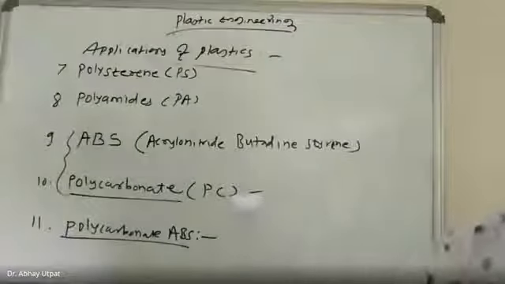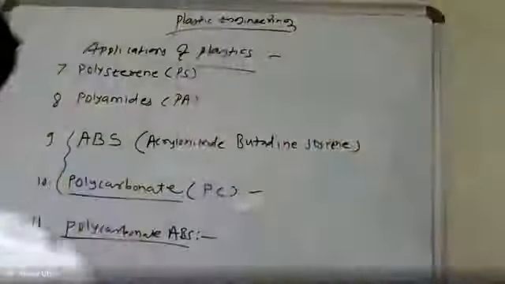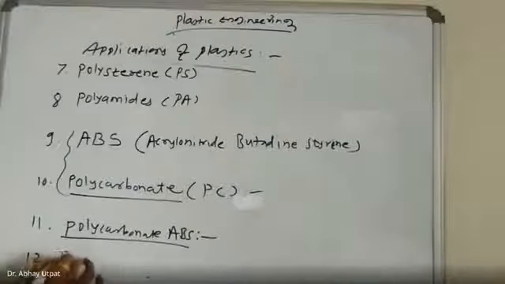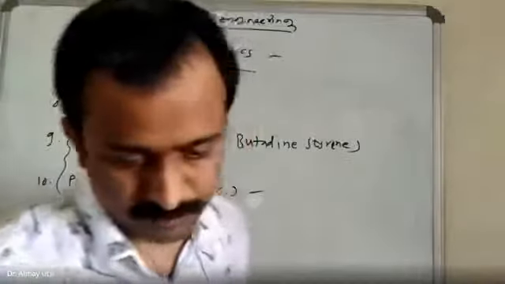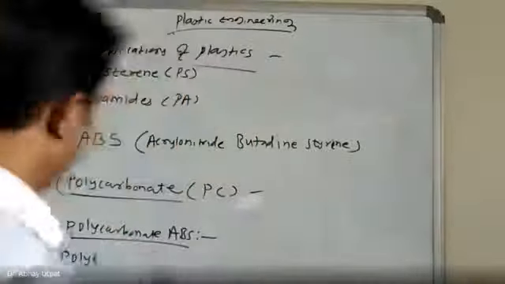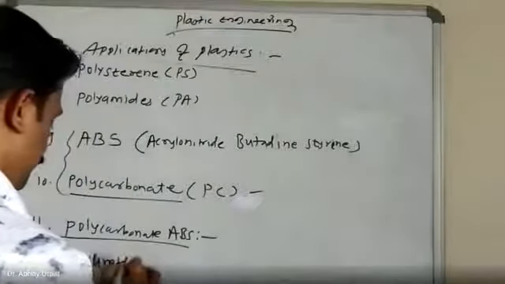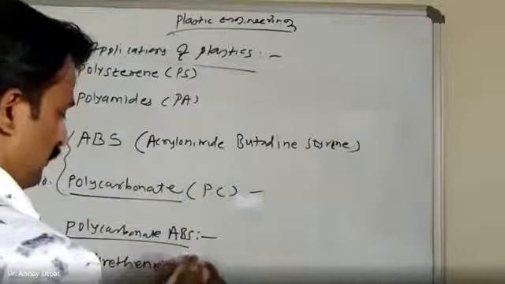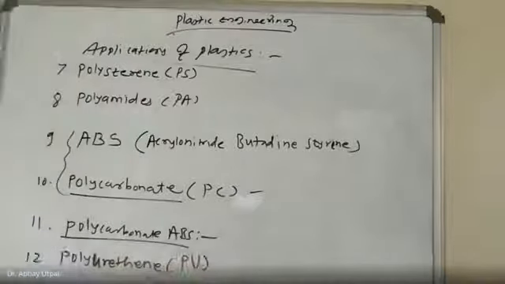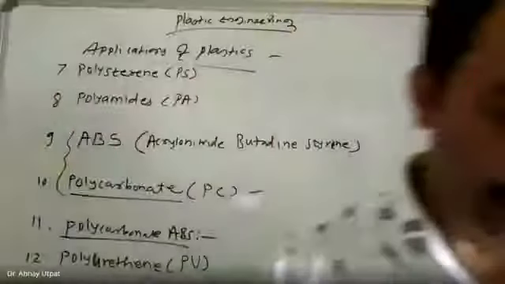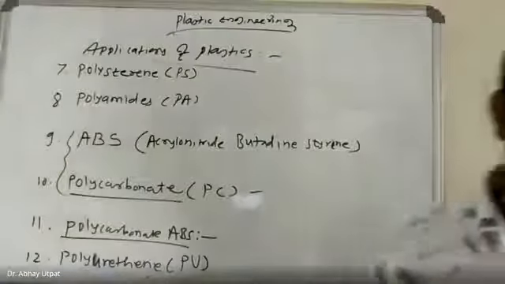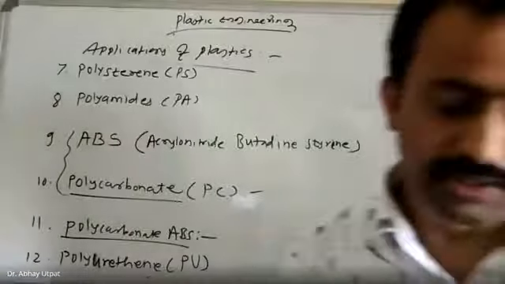Next one, polyurethane, PU. Polyurethane's best application is foams. Your foams are made of polyurethane: cushions, thermal insulating foams and similar applications.